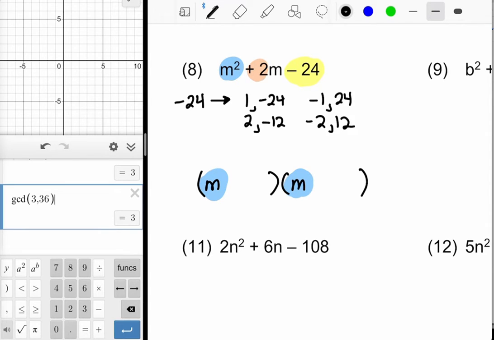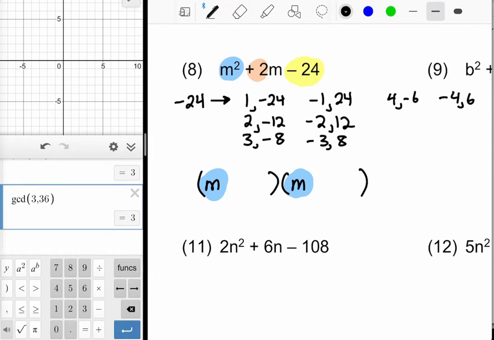Once you get to the winner, then you can stop, but until you get there, you just got to keep considering different possible factors. All right, so 3 goes into 24 evenly. So 3, negative 8, negative 3, positive 8. You could have 4 and negative 6, negative 4 and positive 6.